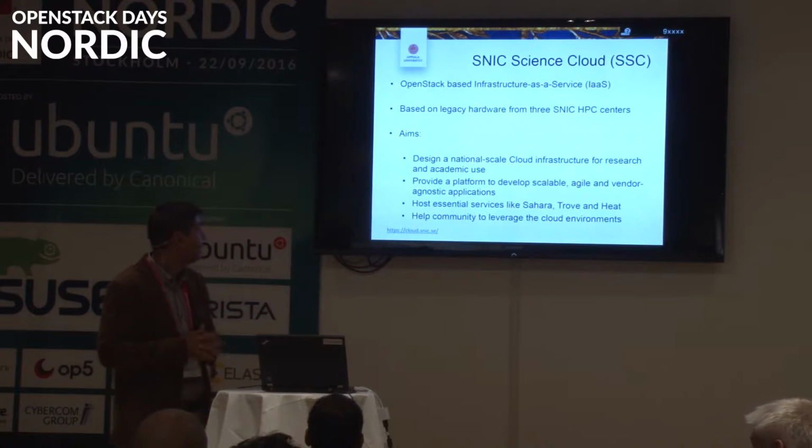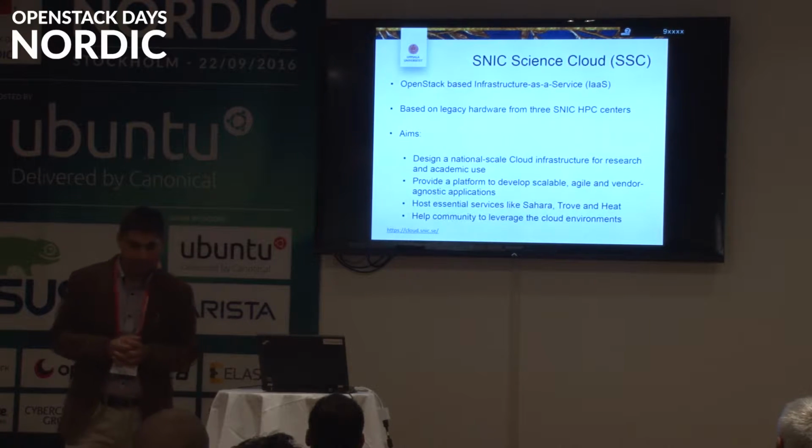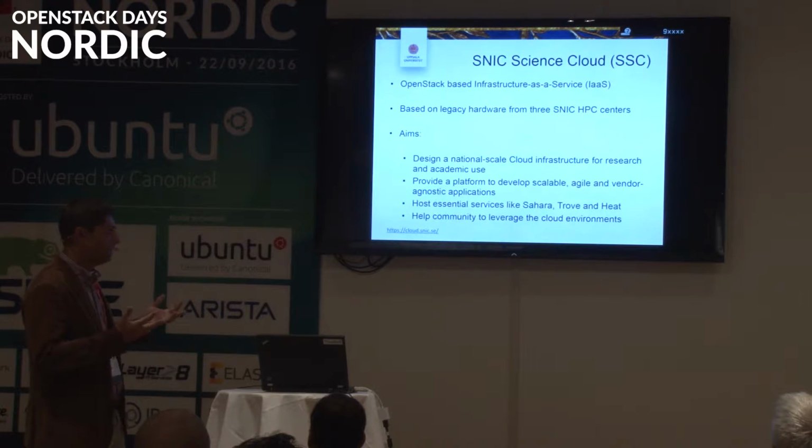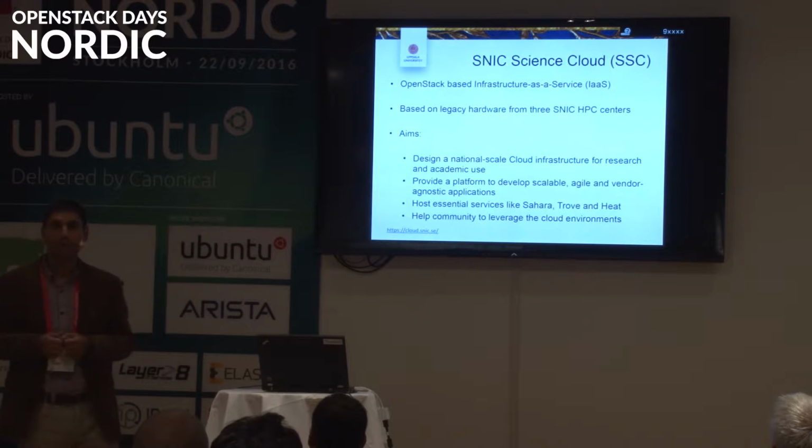So what actually the SNIC cloud is basically, it is infrastructure as a service powered by OpenStack.